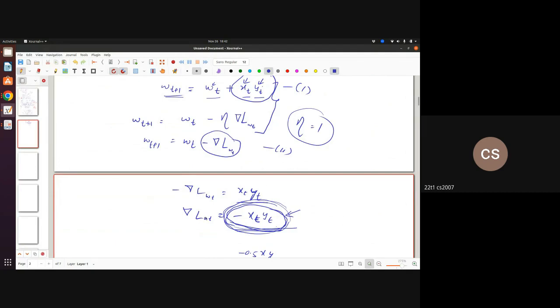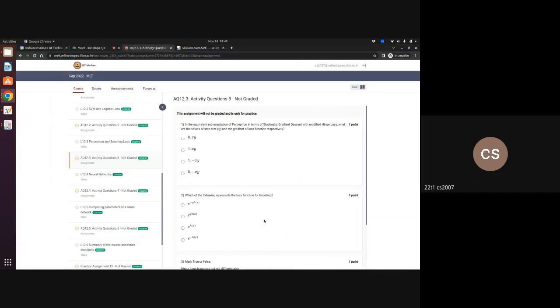Now when you put minus xy as the gradient here, then this becomes positive, since eta is 1, and that's how we get the perceptron update rule. So the gradient that we are taking is minus xy. Eta is 1 and gradient is minus xy. Okay, so this is the correct option.